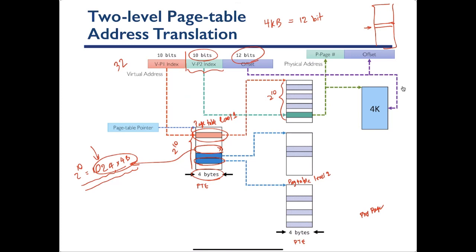Because these page tables are going to be stored in physical memory, in some physical page. So the operating system looks at available pages, allocates them to page tables, and then sets these page table entries to point to those newly allocated page tables.